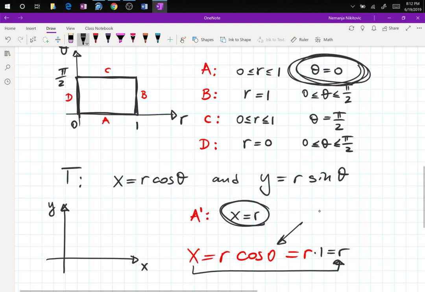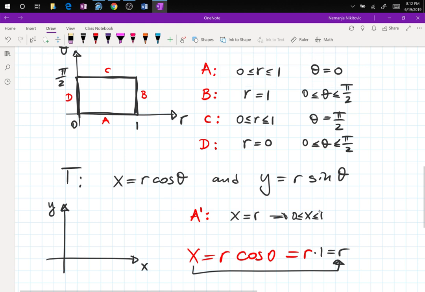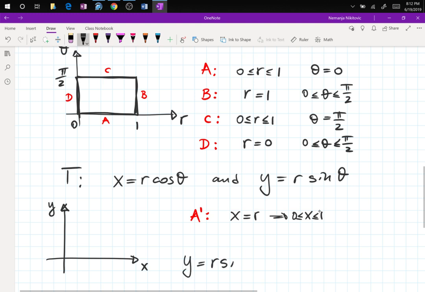Because x is equal to r, and r is stuck between 0 and 1, that immediately means that x is stuck between 0 and 1. I need to do the same thing for y. The y function is r sine theta. Well, if it's r sine theta, and theta is always 0, this is r sine 0, which is r times 0, which means y is always 0.